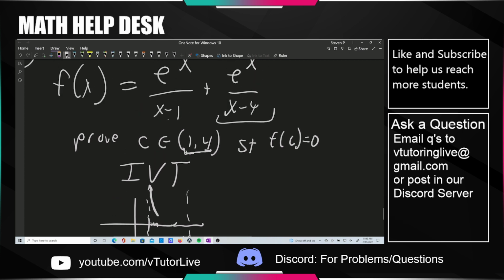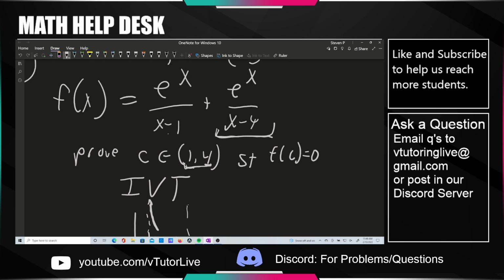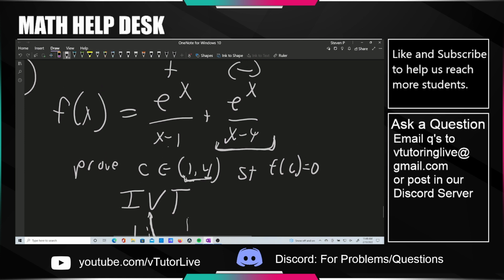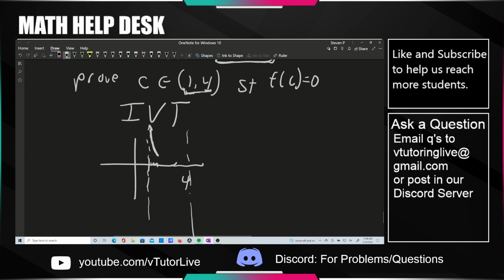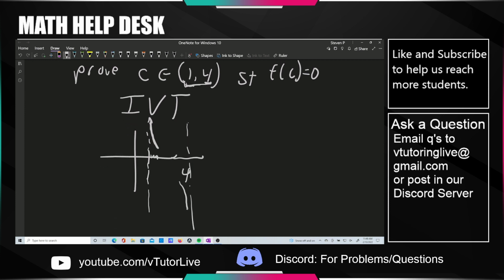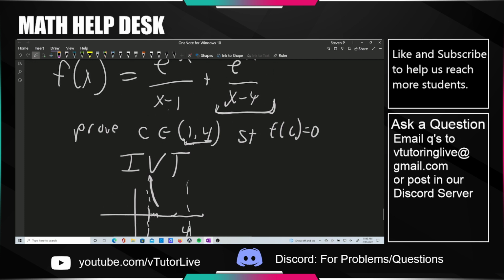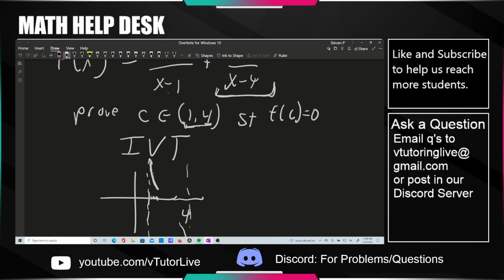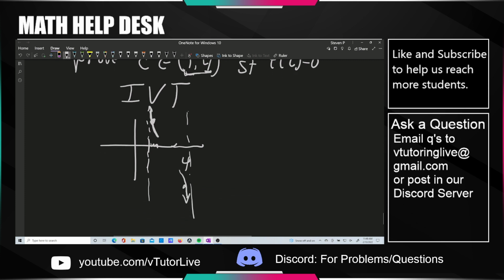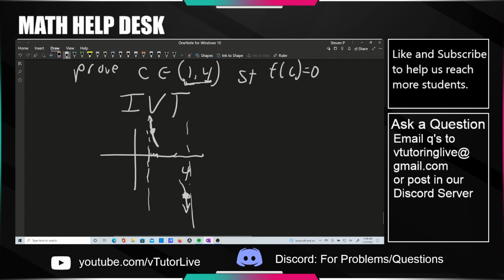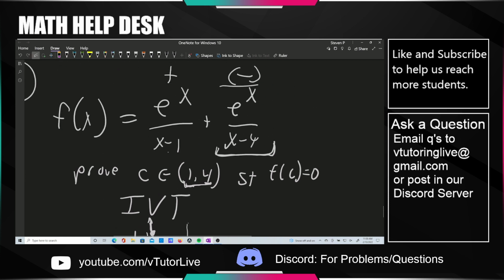Whereas when it gets closer to 4, this is the term that blows up in magnitude, and it's got a negative sign. So it looks sort of like that, and it's pretty clear that it's continuous on this interval. So you just choose some point near 1, choose some point near 4, invoke IVT, and argue the rest yourself.